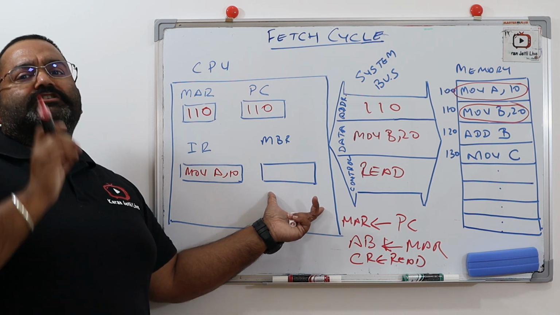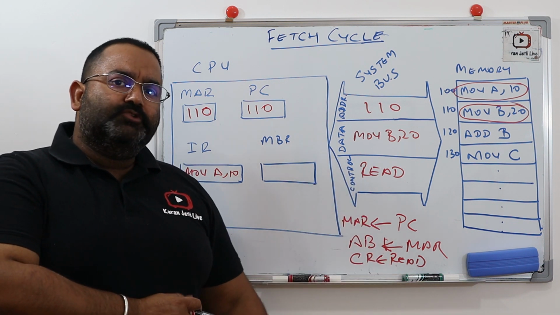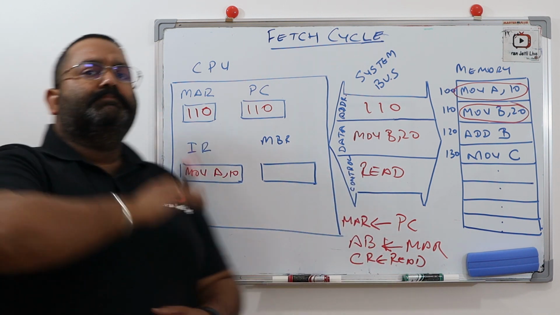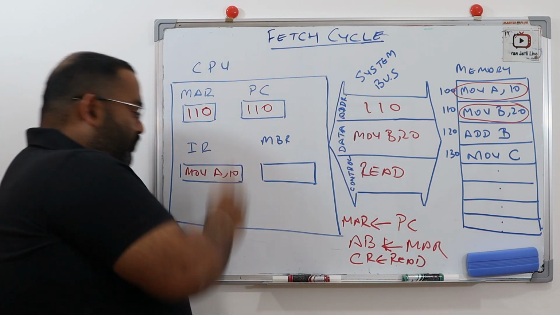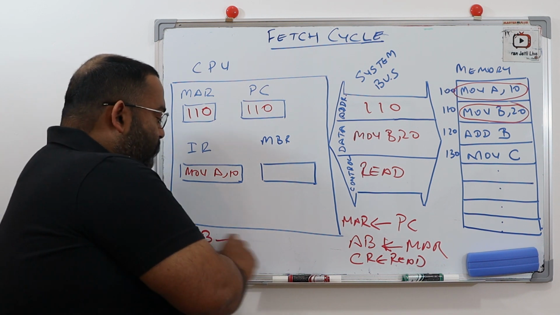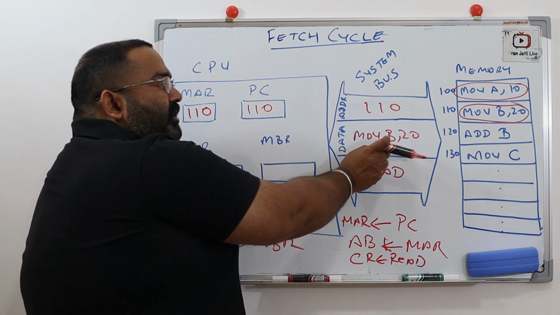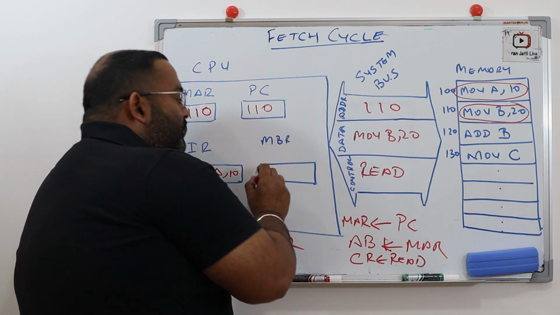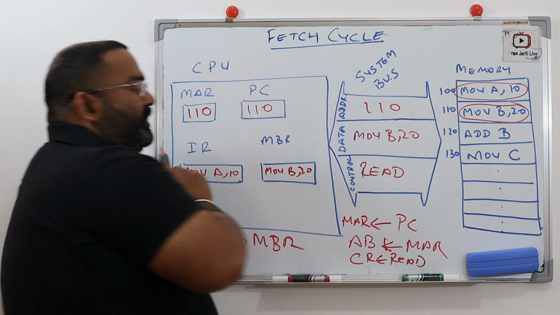It is temporary storage of data which comes from the memory to the CPU and goes from the CPU to the memory. So what is in the data bus? Move B comma 20.